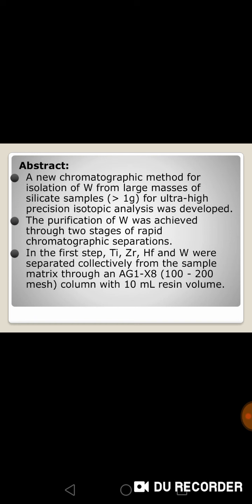In the first, titanium, zirconium, hafnium, and tungsten were separated collectively from the sample matrix through a column named AG1X8, with 10 ml resin volume and 100 to 200 mesh. We are going to discuss it later in this section.